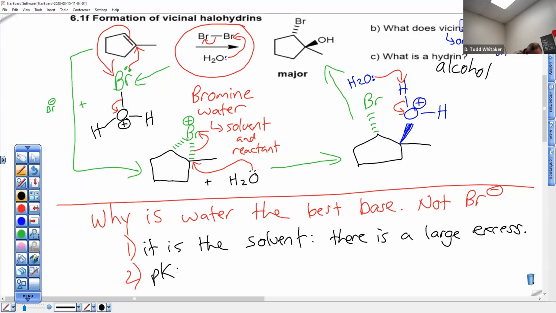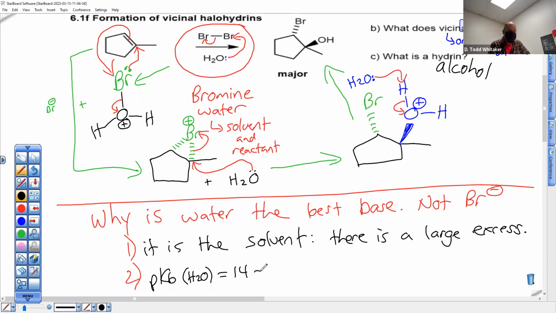pKb of water, wow. pKb for H2O, 14 minus, what's the pKa of hydronium? Ladies and gentlemen, pKa for an acid plus pKb for its conjugate base is 14. Fact. So what is water the conjugate base of? Hydronium.